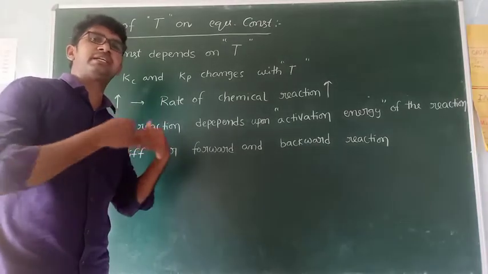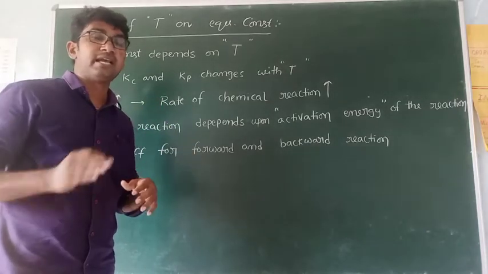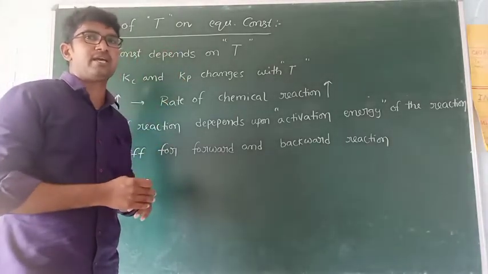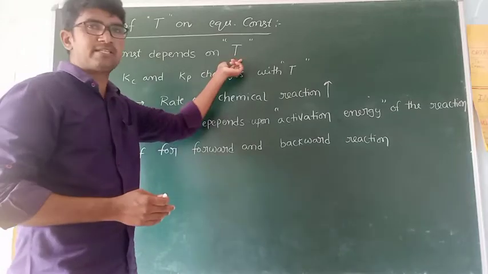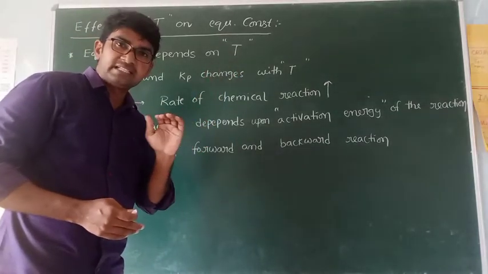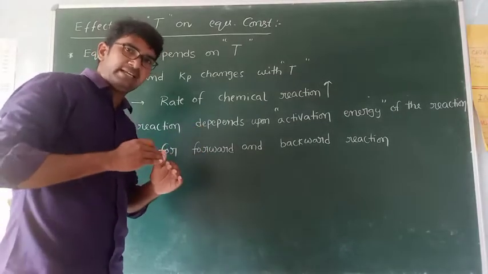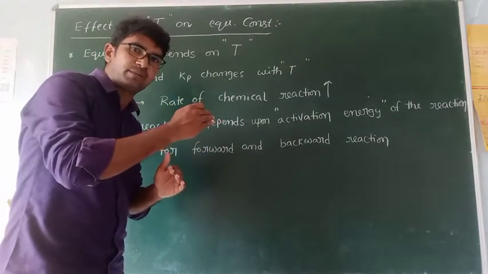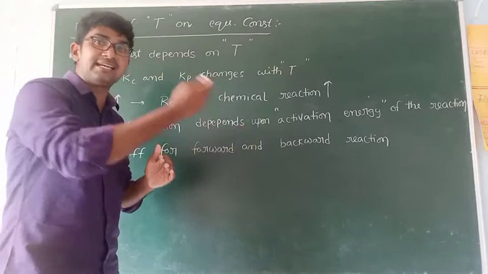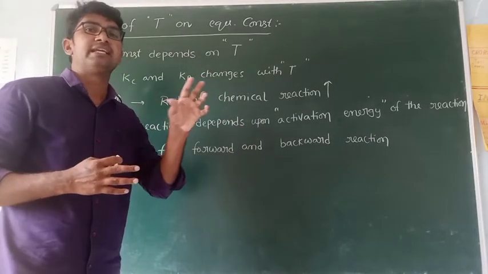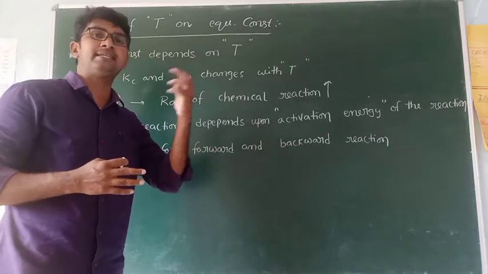But sometimes it increases, sometimes it decreases. It depends upon what type of reaction takes place. What type of reaction means, temperature is nothing but heat changes. When heat is absorbed, it is called an endothermic reaction. When heat is released, it is called an exothermic reaction. So it depends upon whether heat is absorbed or released.